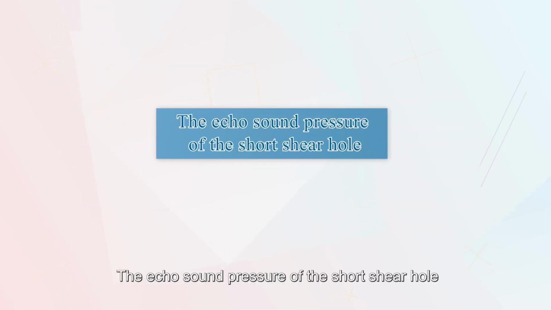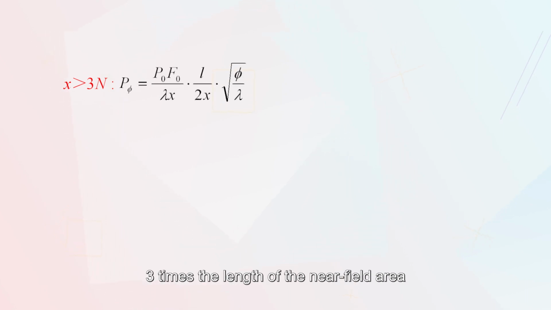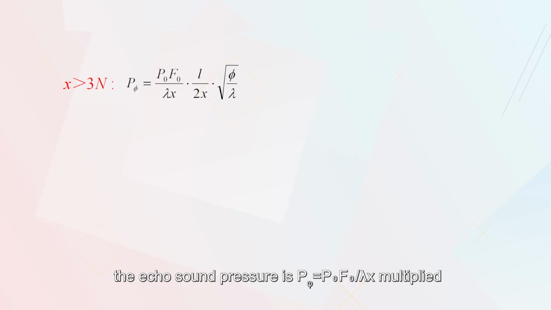3. The echo sound pressure of the short shear hole. When the distance x is greater than 3 times the length of the near field area, the echo sound pressure is P_phi = P0 F0 / (lambda x) multiplied by the square root of (L / 2x) and phi / lambda.